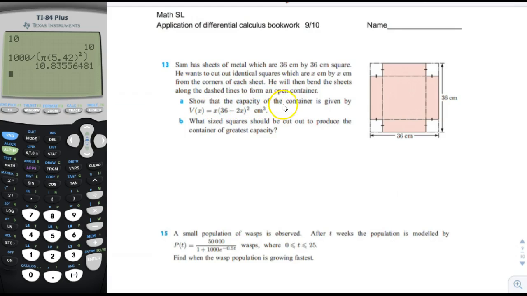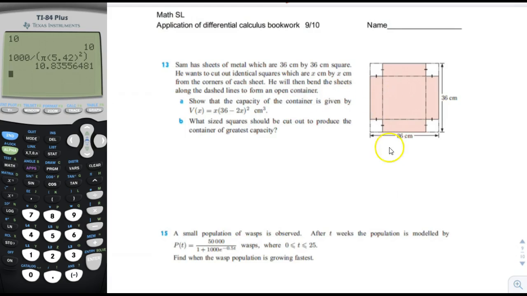Show that the capacity of the container is given by this volume, x times (36 minus 2x) squared. And then what size square should be cut out to produce the container of greatest capacity?